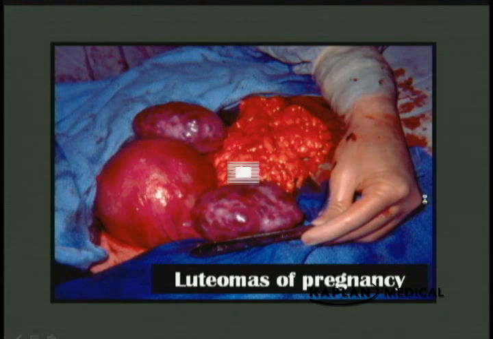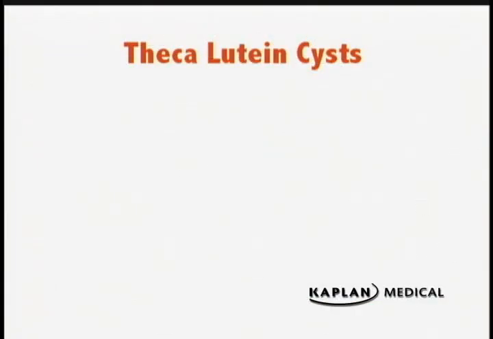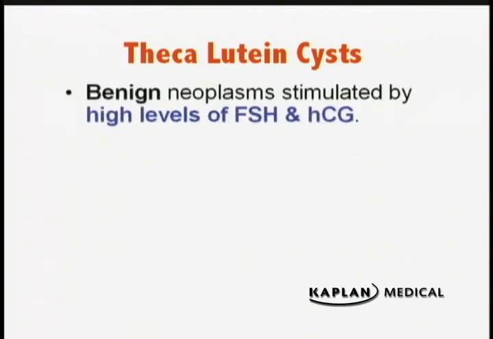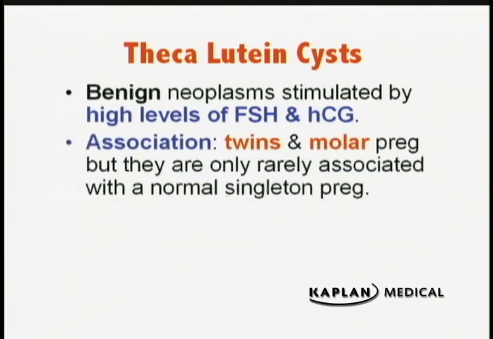Luteomas of pregnancy. Okay, the last physiologic enlargement of the ovaries we'll talk about is theca lutein cysts. These are also benign, but they are stimulated by high levels of FSH and HCG. Because these high levels can stimulate the ovaries, we would think that you would have this whenever you have increased levels of HCG. And twins, you have two placentas which are producing HCG.